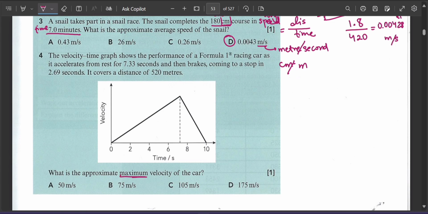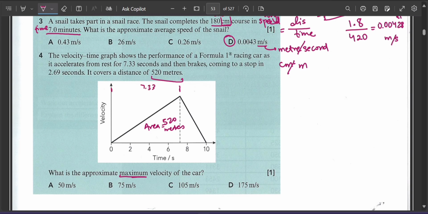For this question, we need to see that this area is 520 meters. That means this entire area covers 520 meters, and the first 7.33 seconds are done, and then these are the rest of the 2.69 seconds.